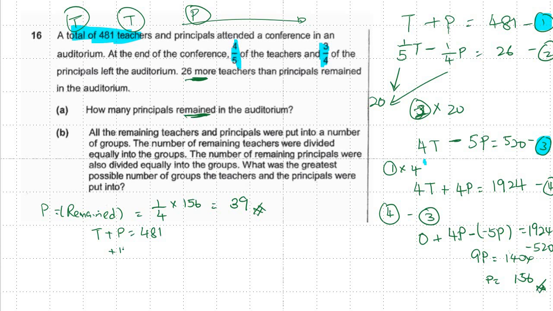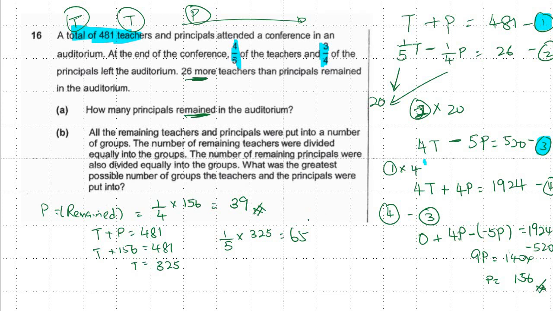So if principals is 156, teachers will be 325. My remaining teachers is 1/5 times 325, which will give me a value of 65. So I want to put these 65 teachers and 39 principals into the same number of groups.